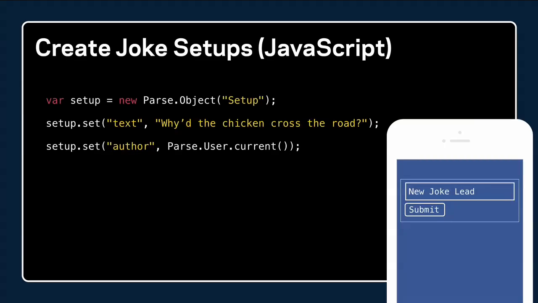One of the benefits of using Parse's login and signup flow, besides how easy it is, is that ParseUser.current will always be populated for you. Rather than having to maintain your own sessions and cookies and figure out from the session which user it is, ParseUser.current will have the current user, and if they're not logged in, it'll be null.